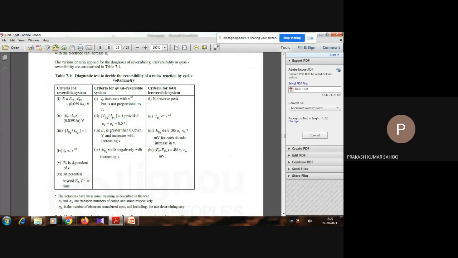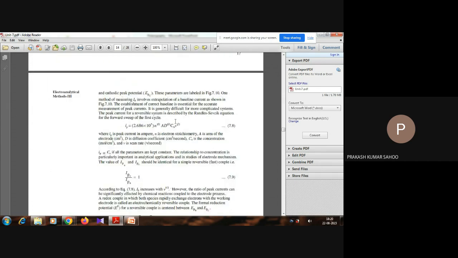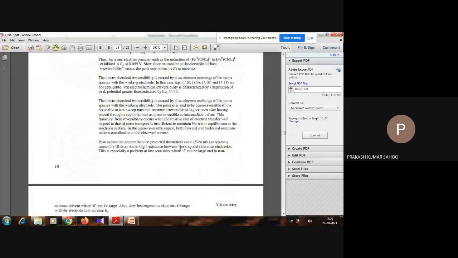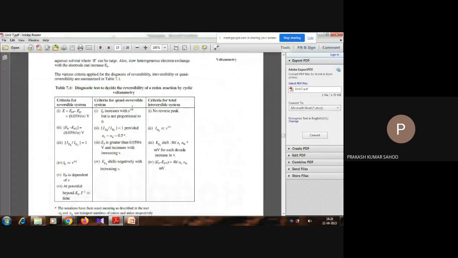So when it is reversible, then this is 0.0591 by n, and if it is quasi, meaning semi reversible, IP increases with the scan rate to the power half. What is v? v is the scan rate, right? So scan rate to the power half.